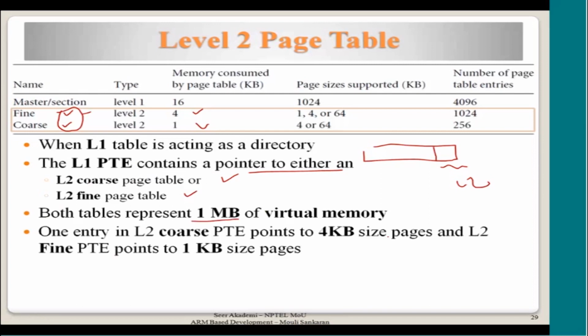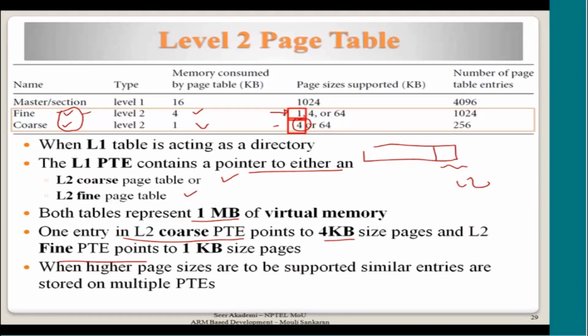Both tables represent 1 MB of virtual memory, and one entry in the L2 coarse page table points to 4 KB page sizes, and the L2 fine page table 1 KB page size. When higher page sizes are to be supported, similar entries are stored in multiple entries.